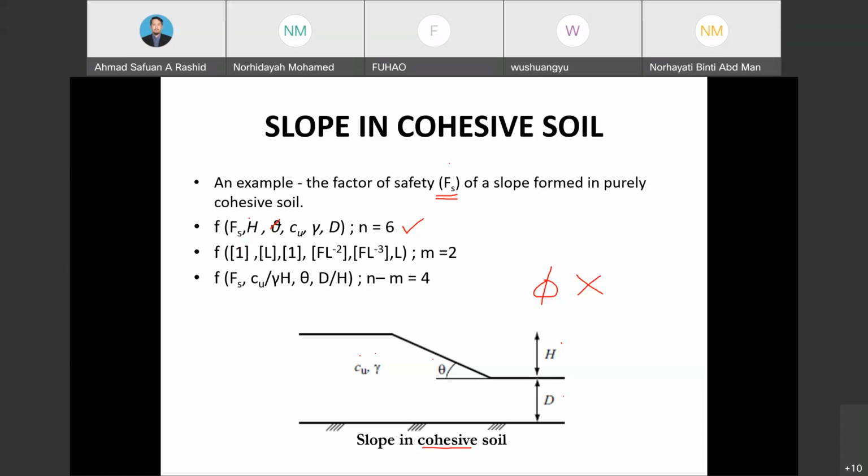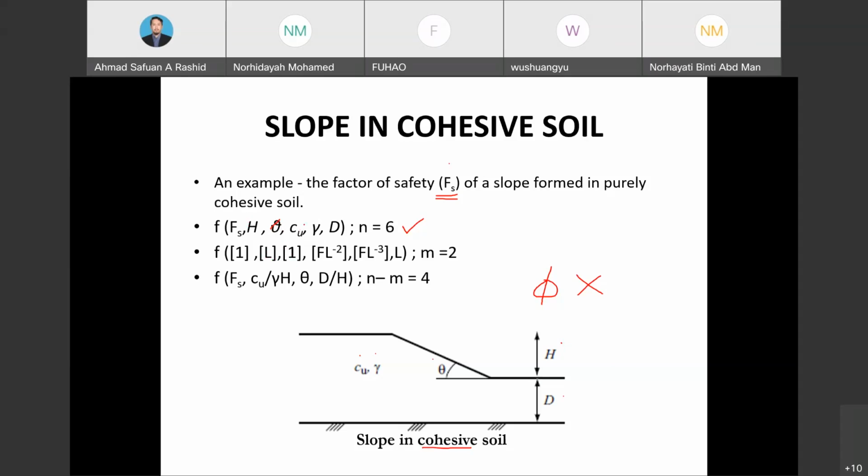H is the height and is a geometry, so L is the symbol for H. Then we have theta. Theta doesn't have any units because it is only a degree, so we use the symbol 1.